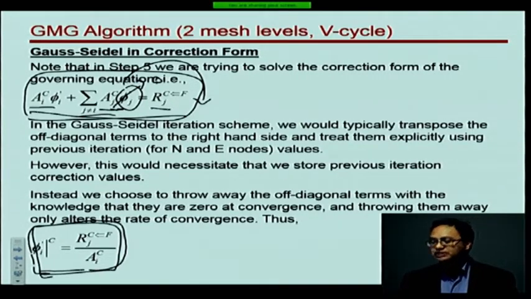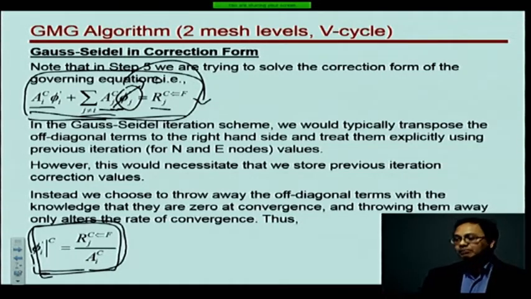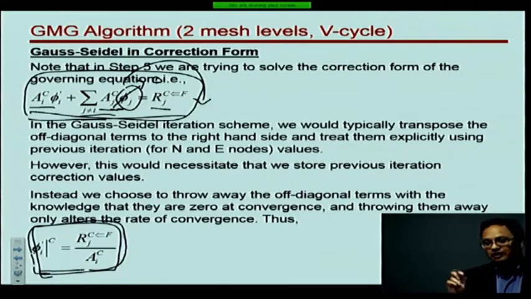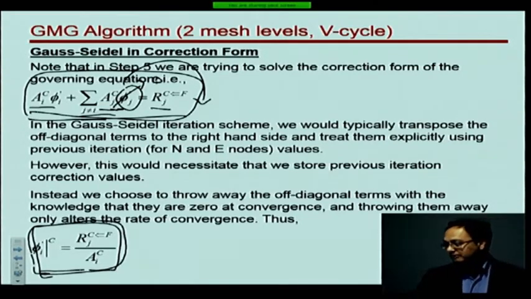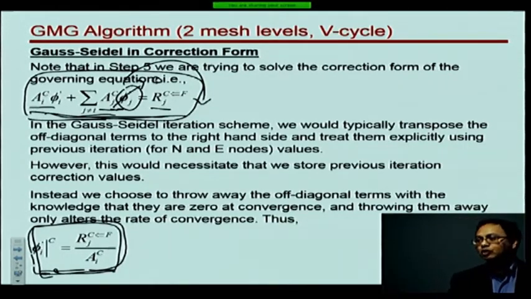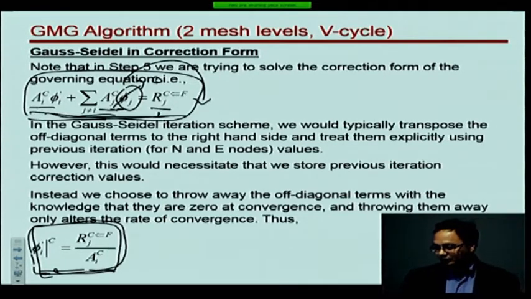Because remember, multiplication by 0 still counts as a multiplication. So if you implement this in your code, you will still be doing 5 multiplications in the numerator. If you implement this, you will be doing only 1 division. No multiplications at all. It will save you some time. So if you're planning to do only 1 sweep, don't code this in, code this in instead. If you're planning to do more than 1 sweep, you might want to code in the full Gauss-Seidel.